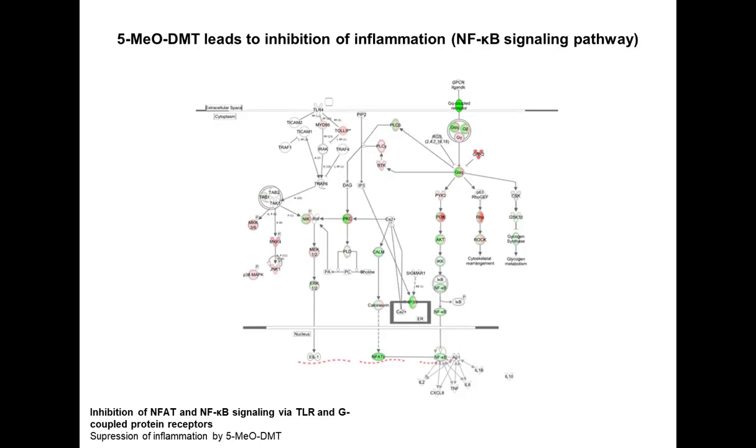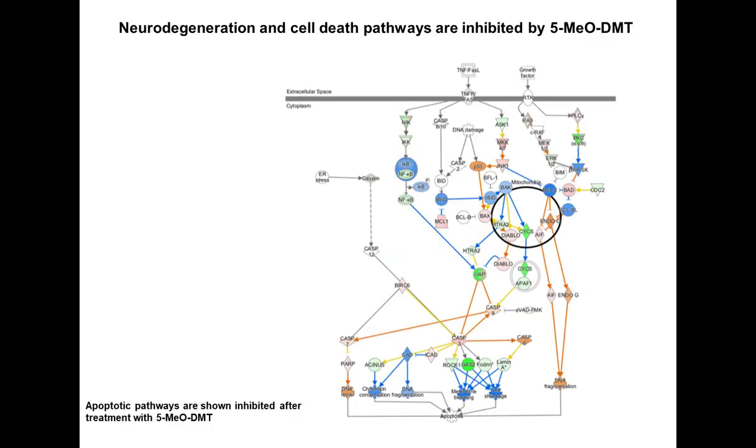So in this slide, you're seeing, for example, inhibition of inflammation in the neural tissue when the cells are exposed to 5-MeO-DMT. We also observed that pathways associated with neurodegeneration and cell death were also inhibited by 5-MeO-DMT, which we believe is interesting to be explored as a potential therapeutic effect of this substance.